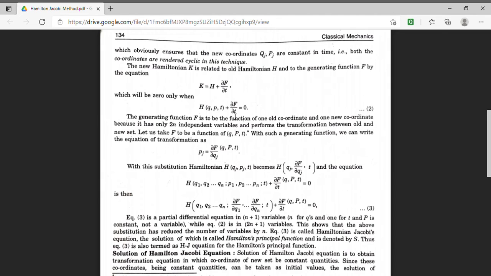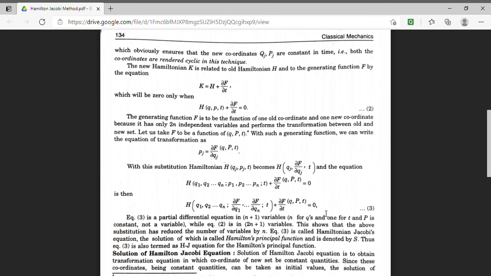So in moving from equation 2 to equation 3, we have reduced the number of variables by n. That means we have simplified our mathematical problem. So we can easily solve the Hamilton-Jacobi equation, which is a partial differential equation, and this expression, equation 3, is termed as the Hamilton-Jacobi equation.